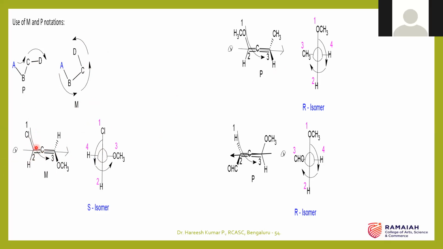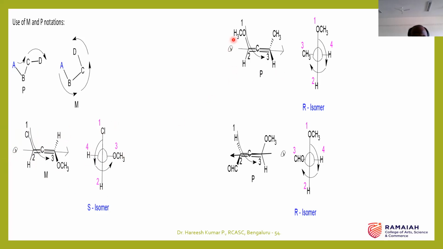If it is vertical, you can write this chlorine here, this is the one, and this hydrogen here. When you are viewing from this side, H is coming on the left hand side.